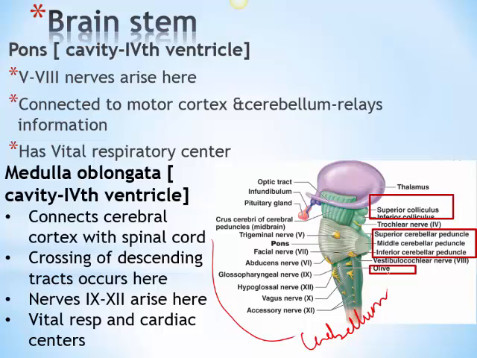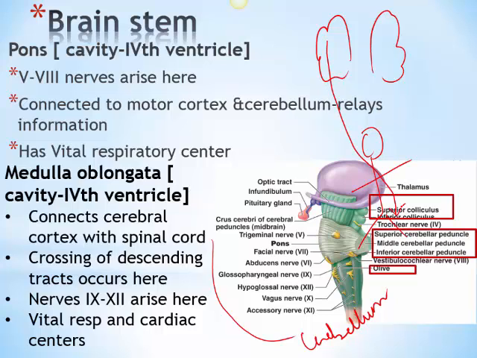The motor tracts cross here in the medulla. You remember we said this is one cerebral hemisphere and this is a person like this. Remember, this cerebral hemisphere influences this opposite side, right? So motor crossing occurs in the medulla.